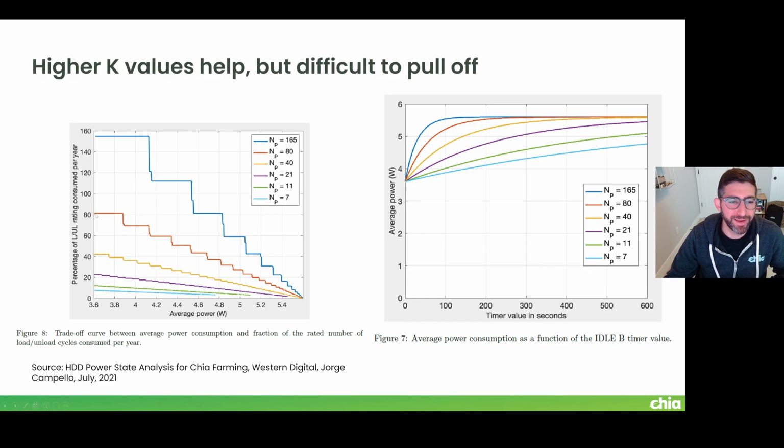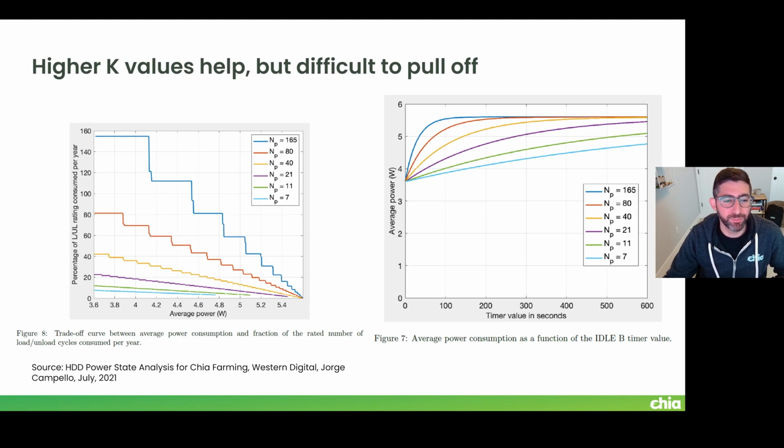Unfortunately, you'd use up 80% of the rated life cycles per year. That's not good, because you want these drives to last for 5 years at least, but much longer generally. Even K equals 34, this orange line, is about 40-something percent per year.